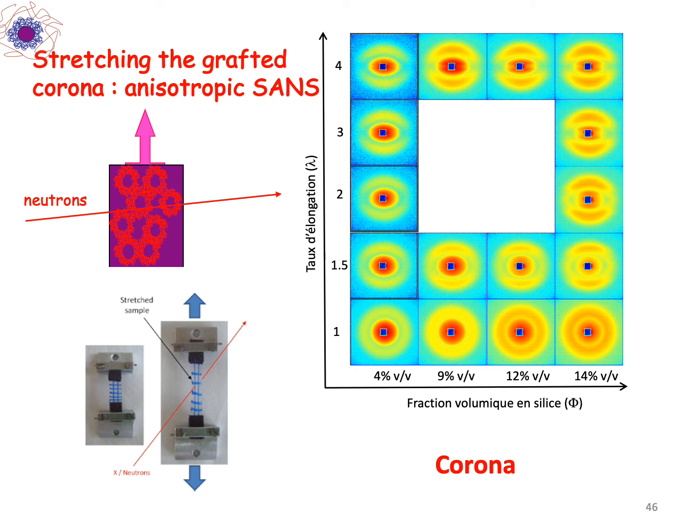Note that all these patterns are still of the butterfly shape type, which means that we have still not only some scattering from the intra form factor of the corona, but also some scattering due to the inter-corona structure factor.